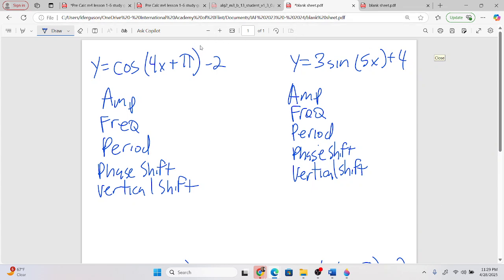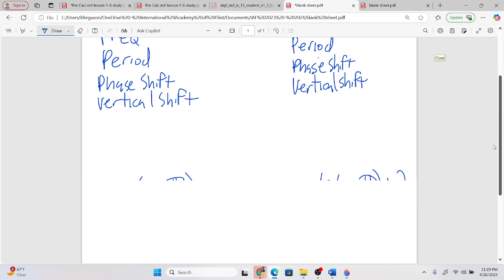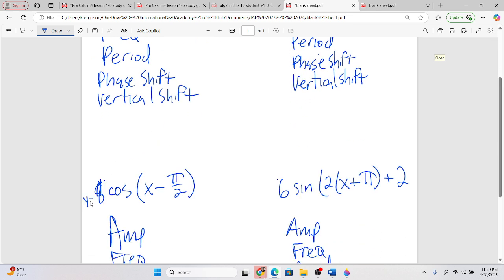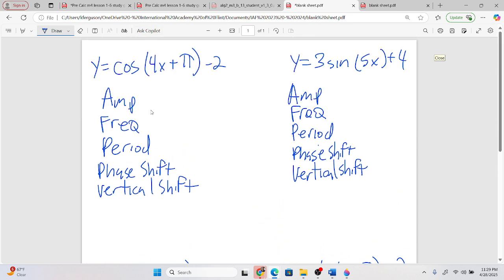All right, so let's finish this up real quick. This is the type of problem that you'll have on there where it'll give you some kind of function, y equals, and they'll ask you those five things. They'll ask you for the amplitude, the frequency, the period, the phase shift, and the vertical shift.